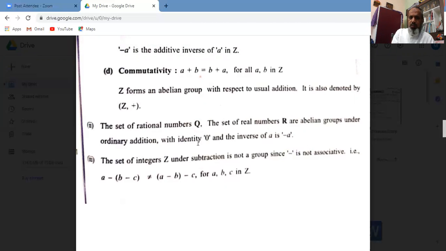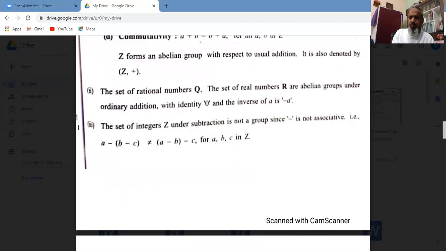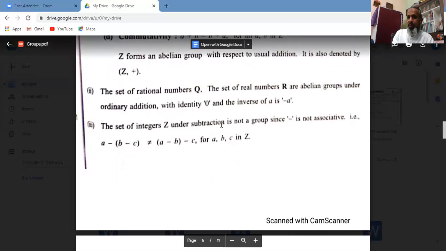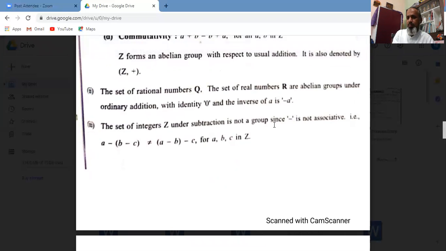Another example is that the set of integers under subtraction is not a group. Why? Since minus is the binary operation, subtraction is not associative. So if we take two elements a comma b belongs to Z, then a minus b, the difference of two integers, is again an integer.